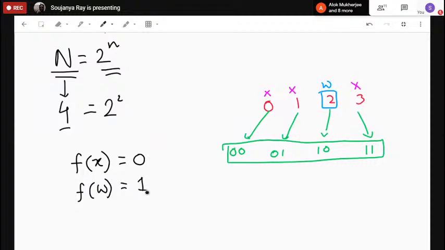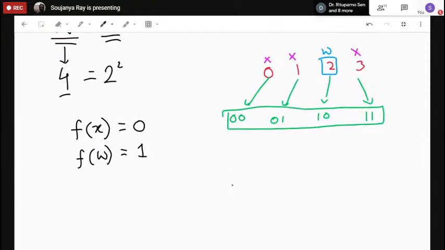Awesome. So after you design this function, then you need to put the numbers into superposition. Now, as they are already converted into binary, it's very easy to put these numbers into superposition. How? By just putting 2 Hadamard gates.